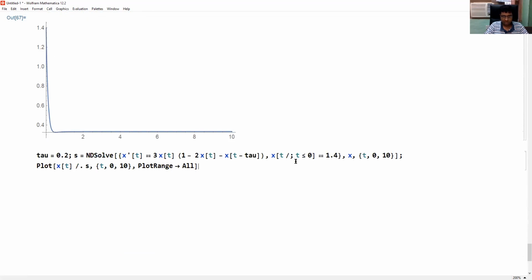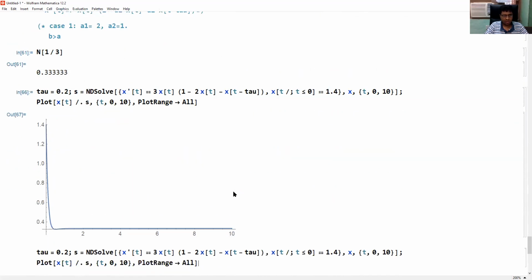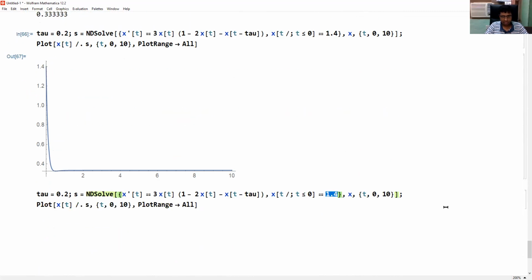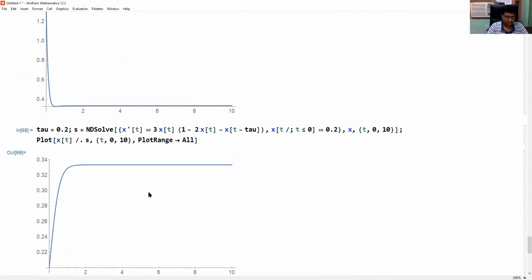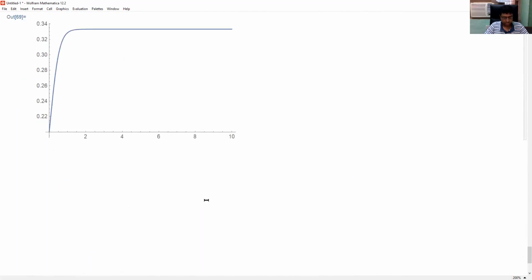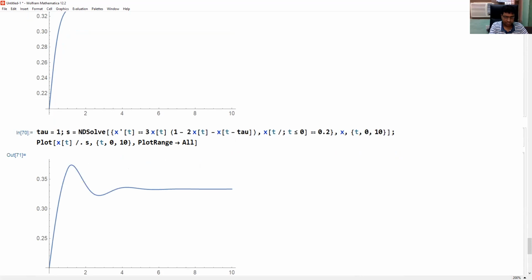So this initial condition was 1.4, which was above 0.3. We may take initial condition in the neighborhood of this 0.33, means let us take 0.2. Like this. Now we change tau. So tau equal to 1.